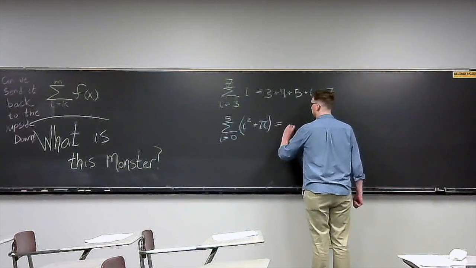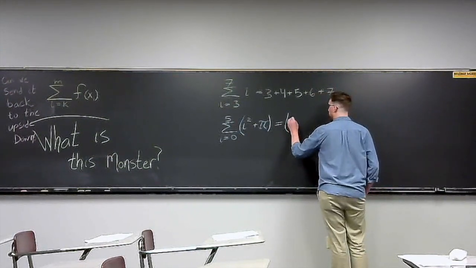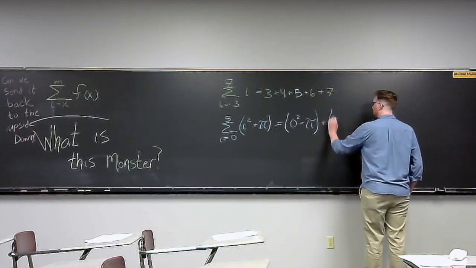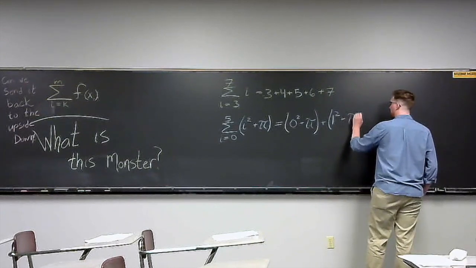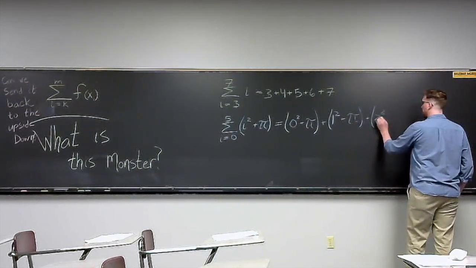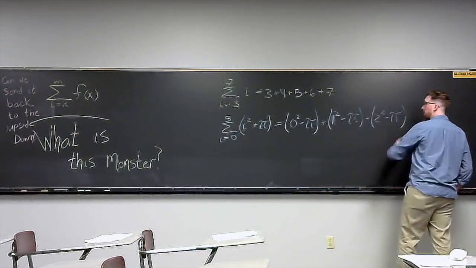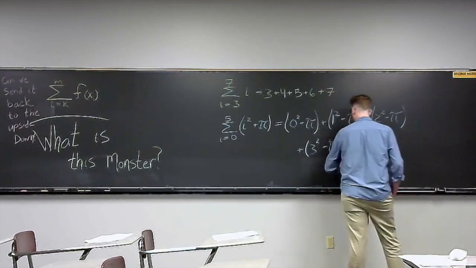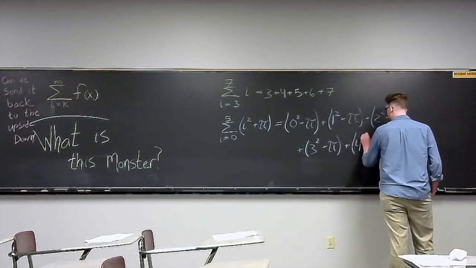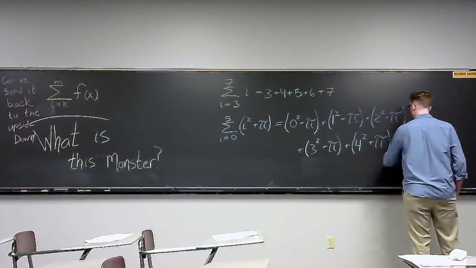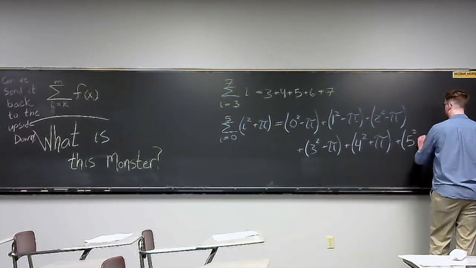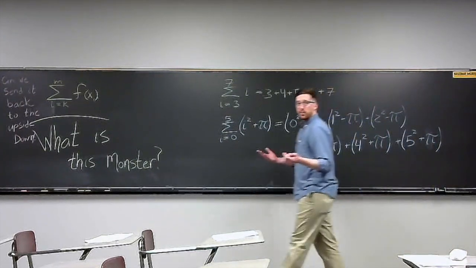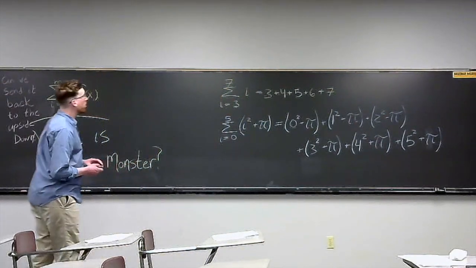Well, this is saying you're going to take 0 squared plus pi, plus 1 squared plus pi, plus 2 squared plus pi, plus 3 squared plus pi, plus 4 squared plus pi, and finally plus 5 squared plus pi. That's all it is.